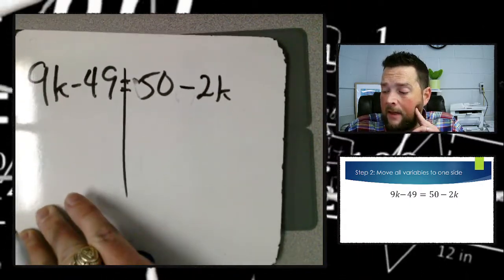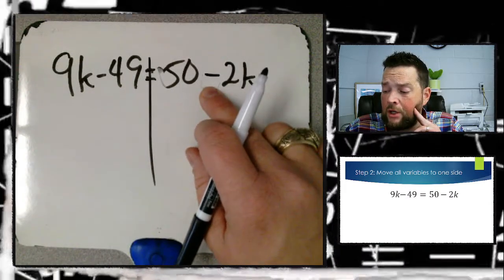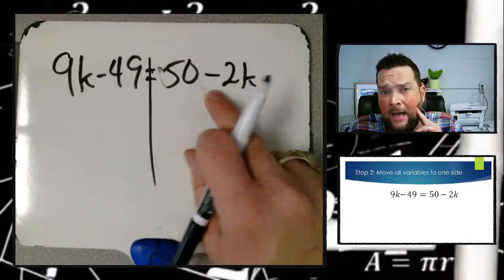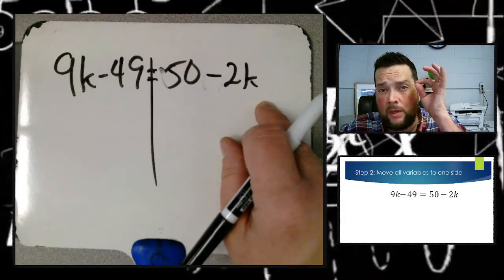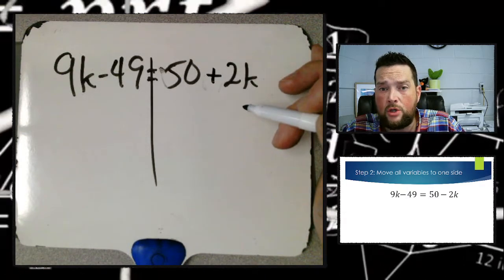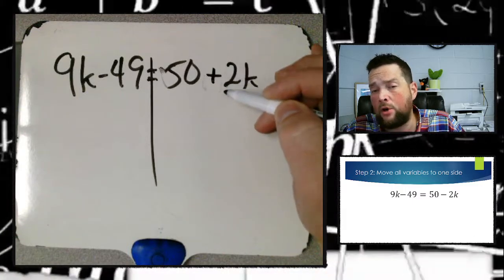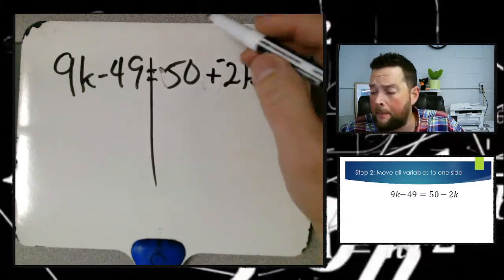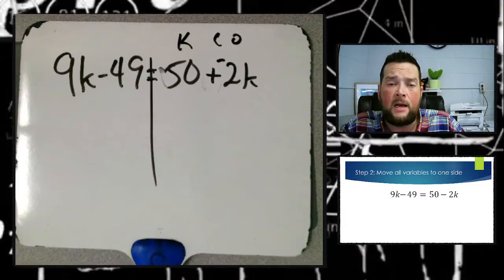That's the way I describe it to my students: we've got this subtraction, and we've got to understand that it's attached to the next number. The way you can visually see that is to apply keep, change your subtraction to addition, and then follow that up by turning the next number to its opposite. So we're going to apply keep, change, opposite to this to make it an addition problem.